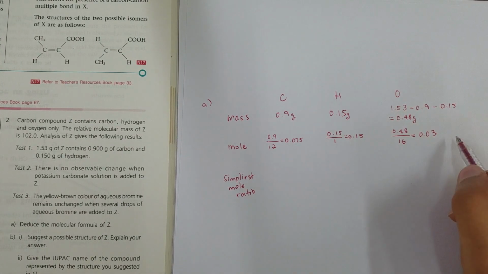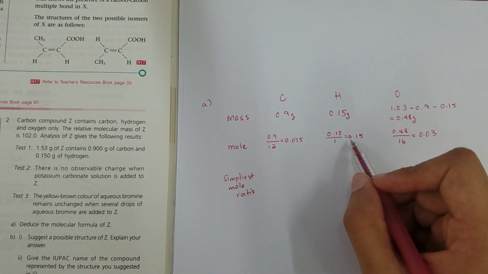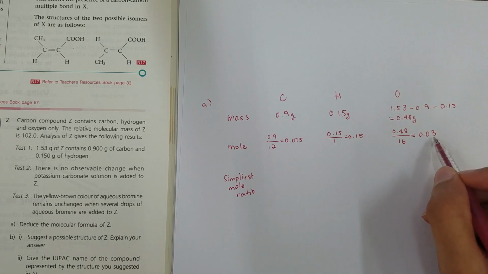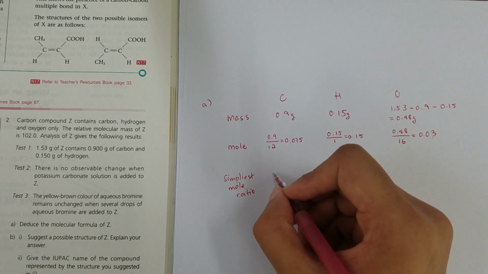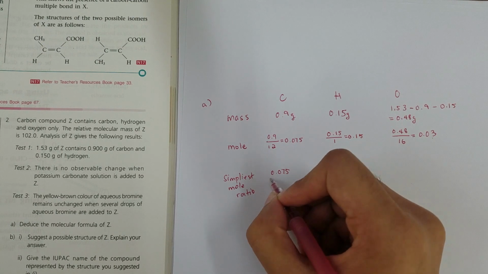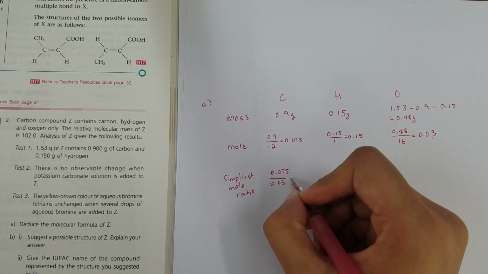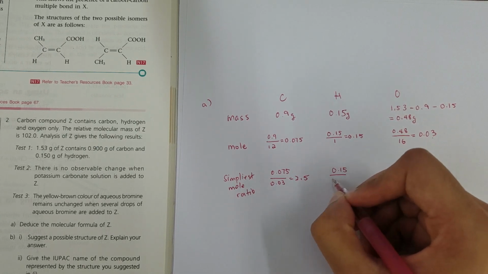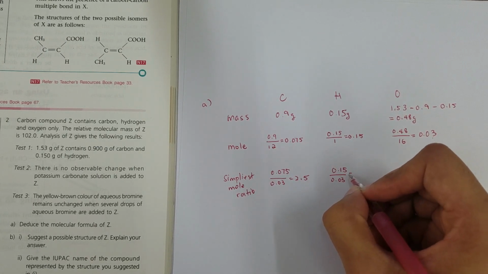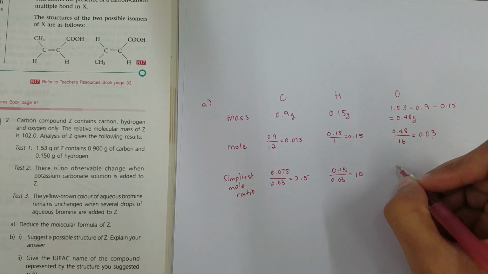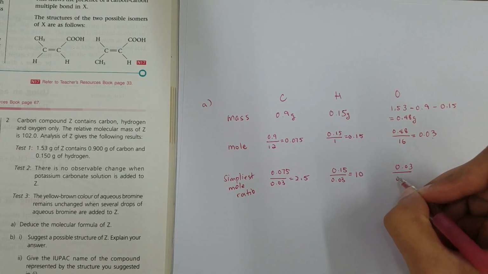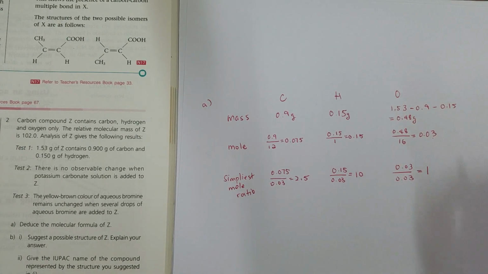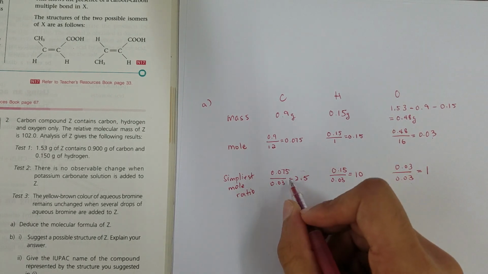And then we have to do simplest mole ratio. So the smallest one is 0.03. So what we do is 0.075 divided by 0.03. We got 2.5. And then 0.15 divided by 0.03, we will get 10. And then 0.03 divided by 0.03, we get 1. Now you'll notice there's a 2.5.